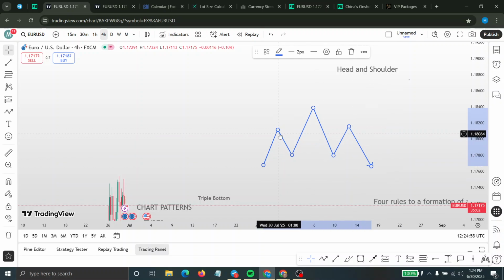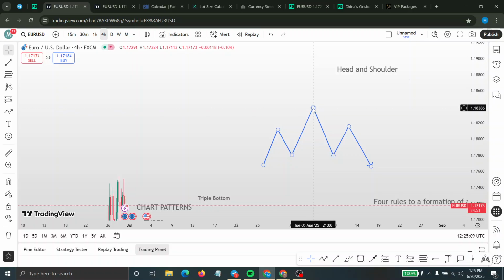How? Look at this first high here, this swing high. This swing high will be classified as our left shoulder. This top that is looking like a mountain top will be classified as our head.